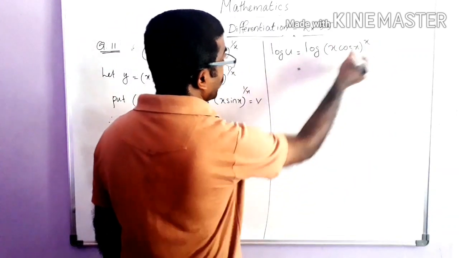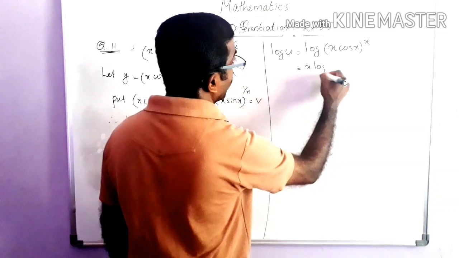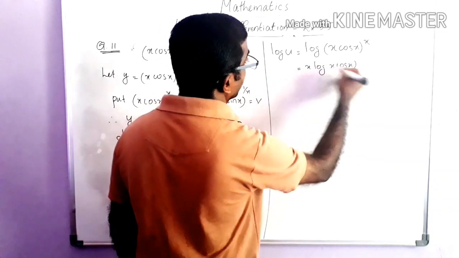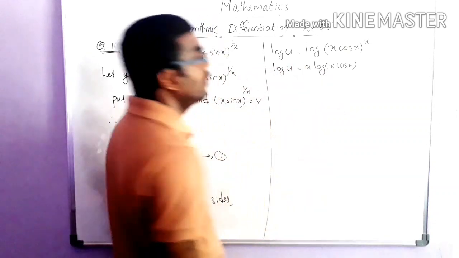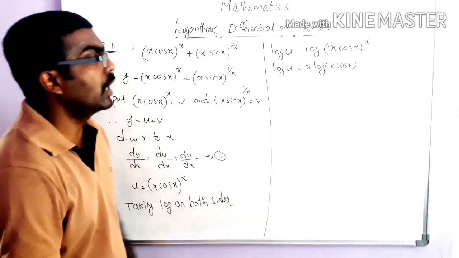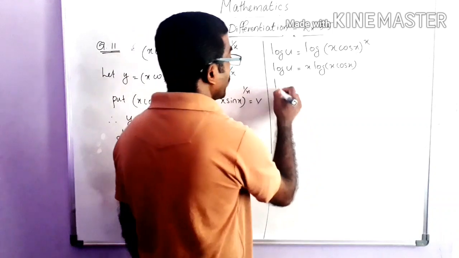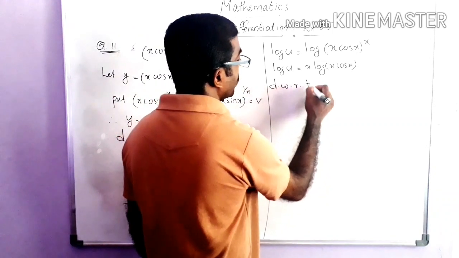Now we can apply the property of logarithm, that is x into log of x cos x. That is log u is equal to x into log x cos x. Now we can differentiate with respect to x.